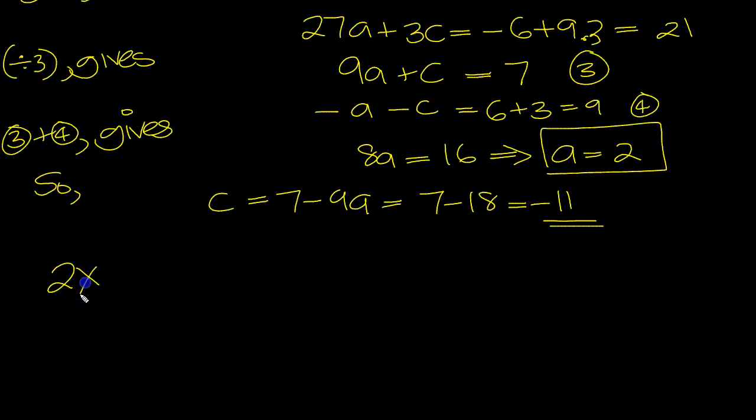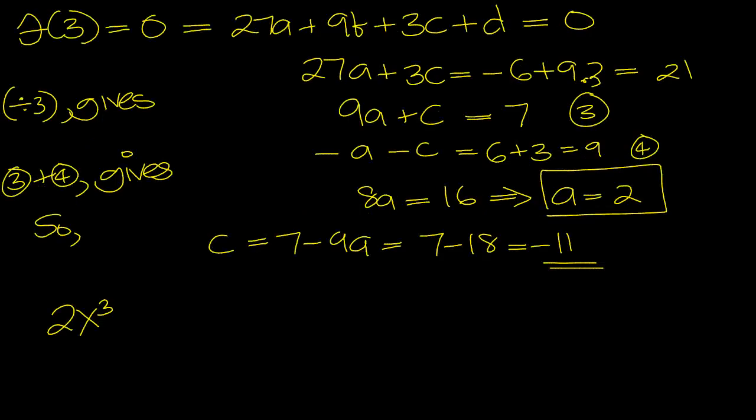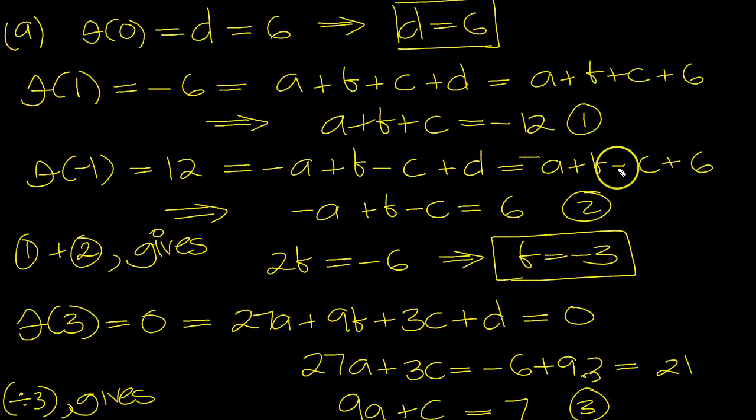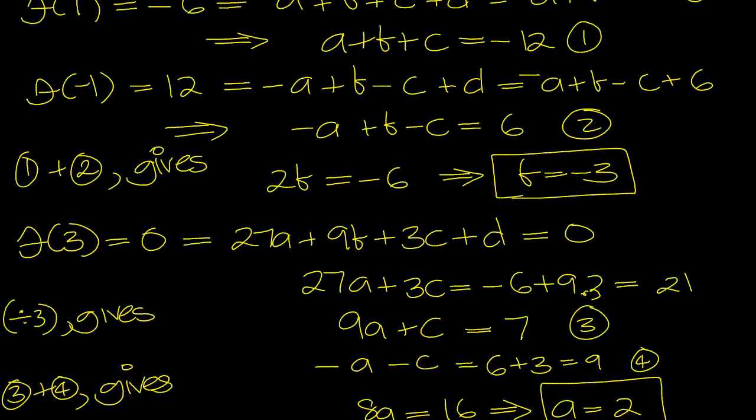So it's 2x cubed plus b, which is minus 3, lots of x squared, plus cx, minus 11x, plus d, and d was equal to 6, wasn't it? Let's just check that. There it is there, plus 6.